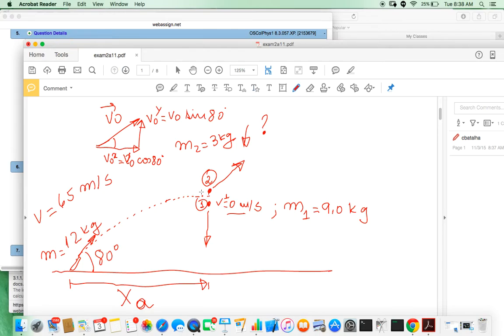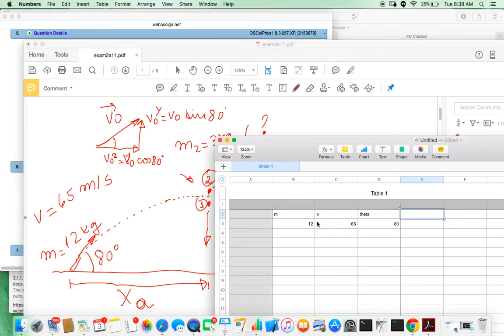At this point, right here, the projected velocity in y is zero, as if the projectile had stopped in y. Okay, so let me go back to my little table and plug that information in here.